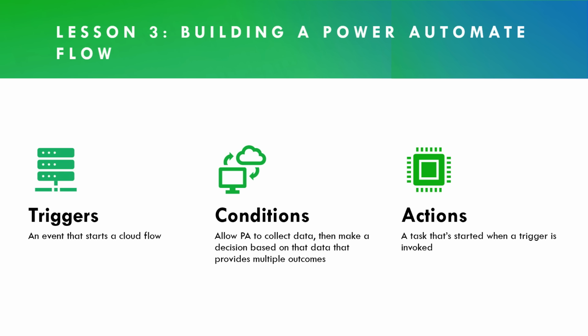You have choices when you use a condition, right? You can put in a condition and tell it what to do if the condition is met and what to do if the condition is not met. So let's say, I'll just use Mickey Mouse here. Mickey Mouse uploads a file to a SharePoint document library.